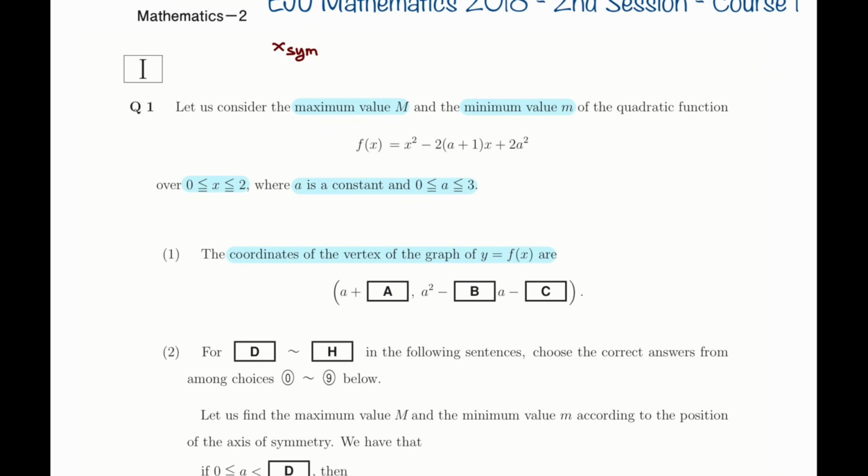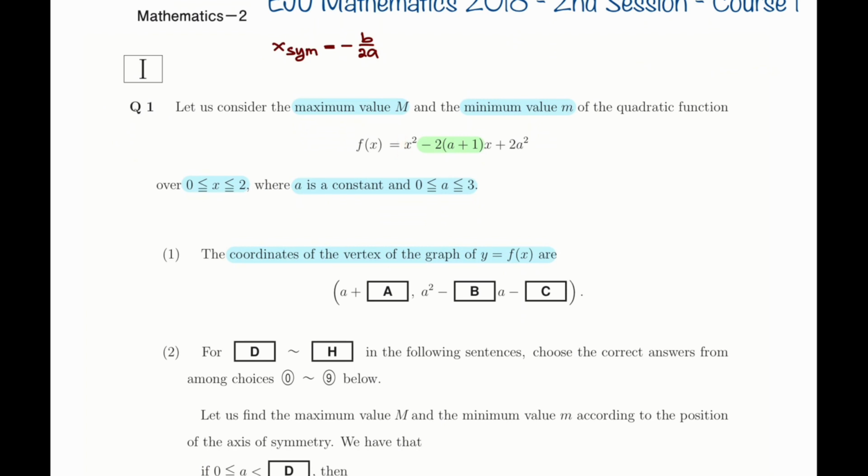So basically this is the x coordinate of the vertex. The formula is negative b over 2a. b is the coefficient of x, so this is our b, and a is the coefficient of x squared, which is 1.